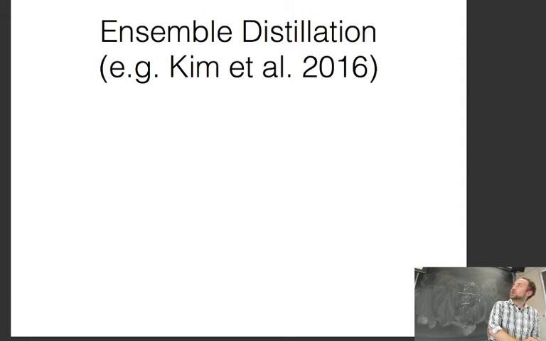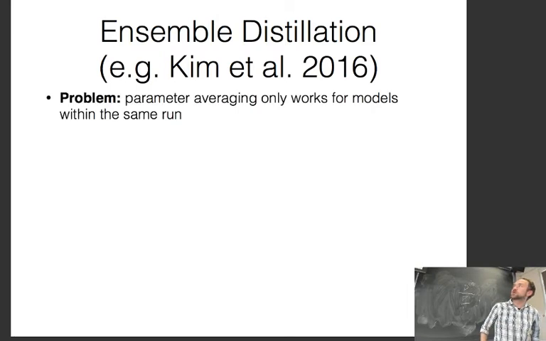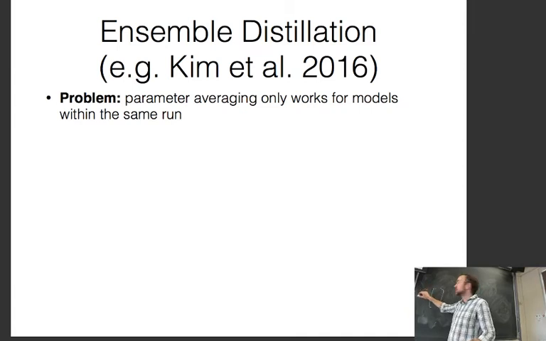Yeah. So another way of doing this is ensemble distillation. The problem with parameter averaging is it only works for models within the same run. So basically, let's say we train a big neural model with random initialization every time. Each of these models will have hidden states, where maybe in the first model, the first hidden state is: have I seen a verb in this sentence yet? The second hidden state is: is the next word probably going to be an animal or something like that?